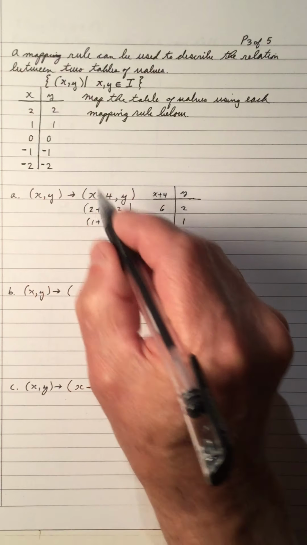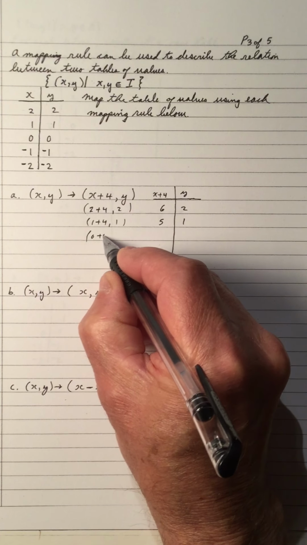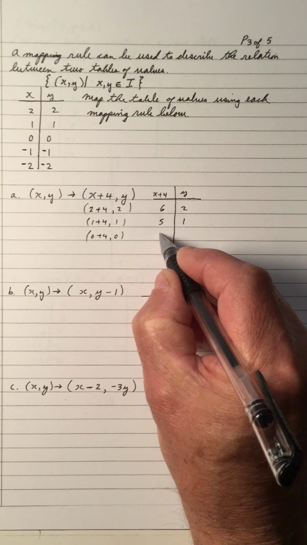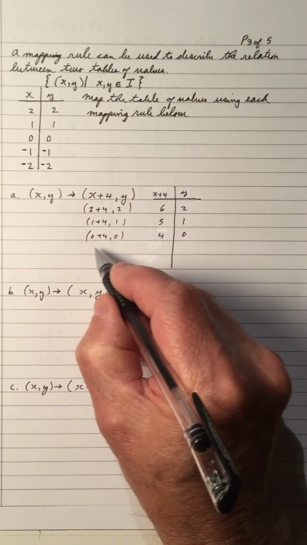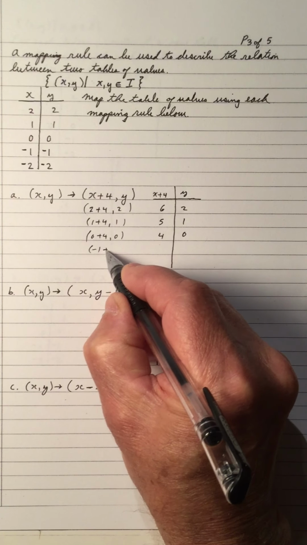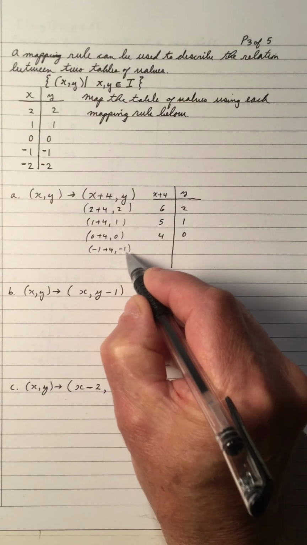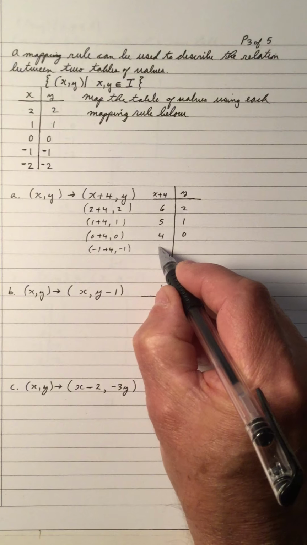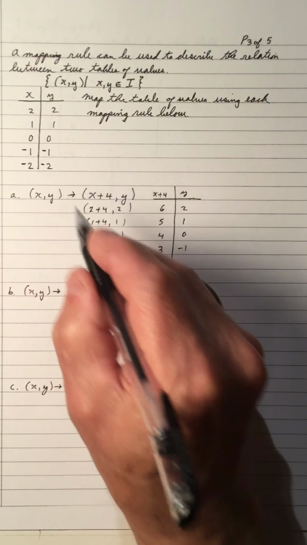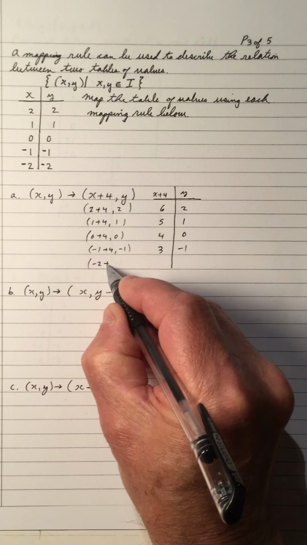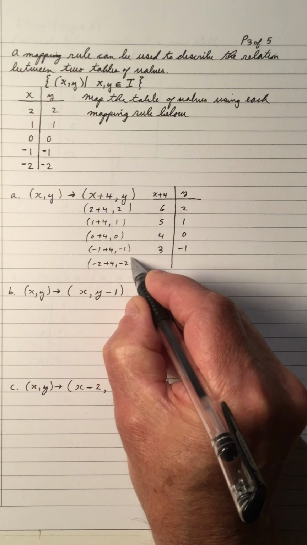And we're doing 0, 0. So it's 0 plus 4 and 0. So 0 plus 4 is 4 and 0. And we have negative 1 plus 4, negative 1. So that becomes 3, negative 1. Negative 2, negative 2. x is negative 2, add on 4 and y is negative 2.